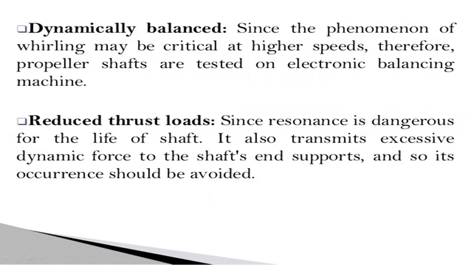Since the phenomenon of whirling may be critical at higher speeds, therefore the propeller shafts are tested on the electronic balancing machine. And the reduced thrust loads, since the resonance is dangerous for the life of the shaft, it also transmits excessive dynamic force to the shafts and supports, and so its occurrence should be avoided.